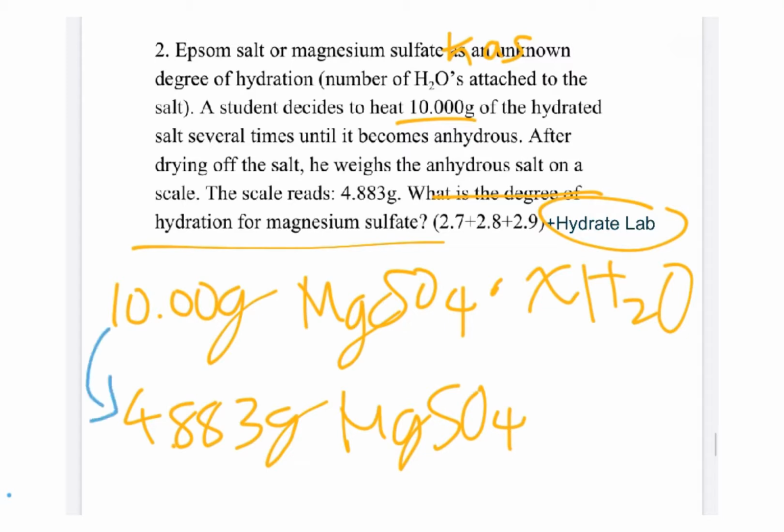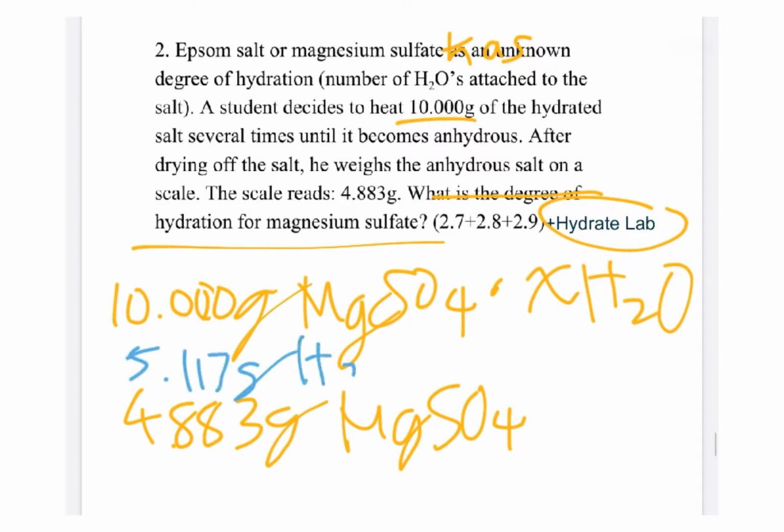So the water that's lost is the difference between the two masses. So take a calculator, 10 minus 4.883, and here, let me change this since that's actually another 0, and we need to keep track of our sig figs. So we get an answer of 5.117 grams of water.